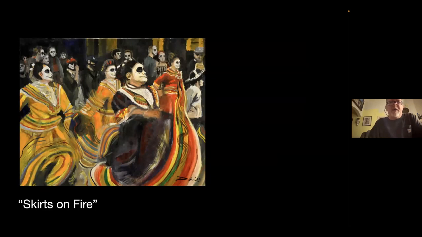In this painting, you can see all the people on the sidelines, looking on at the dancers as they walk by. It's called Skirts on Fire because you can't focus on their skirts. There's so much movement going on. But you can see here, they all have their painted faces in that kind of sugar skull makeup. This was a fun painting to do. And this is another one that I really struggled with.